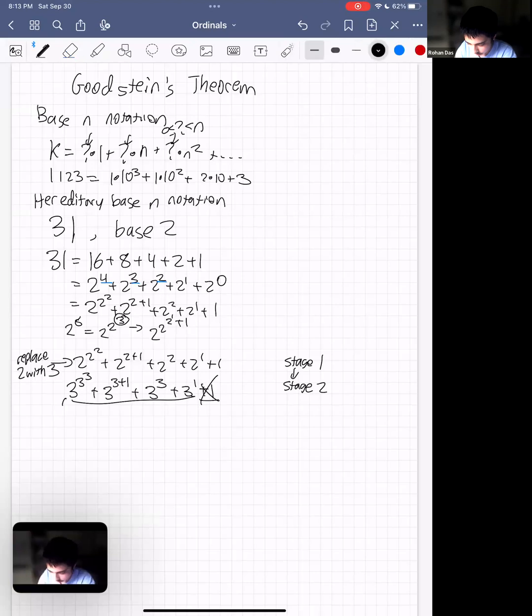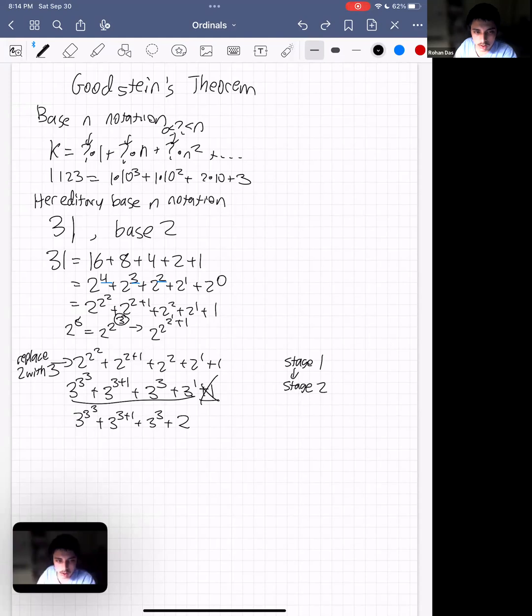Or we can observe that when we subtract 1 from the underlined portion, it is 3 to the 3 to the 3 plus 3 to the 3 plus 1 plus 3 to the 3 and then plus 2. And when we do this with larger numbers, like if the 3 were a 4 instead, this 2 would be a 3, which would not be permitted in our original hereditary base 2 notation, but we're not using that anymore, so that's not a problem.